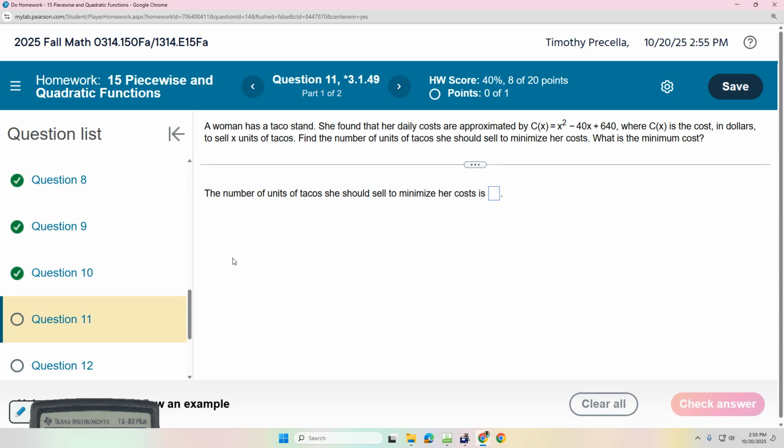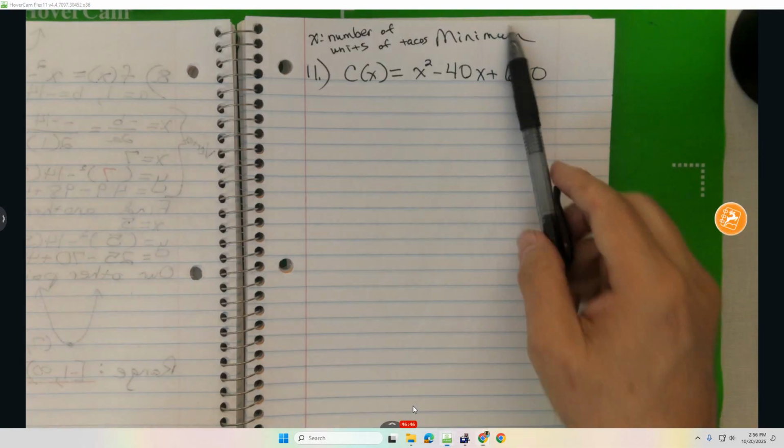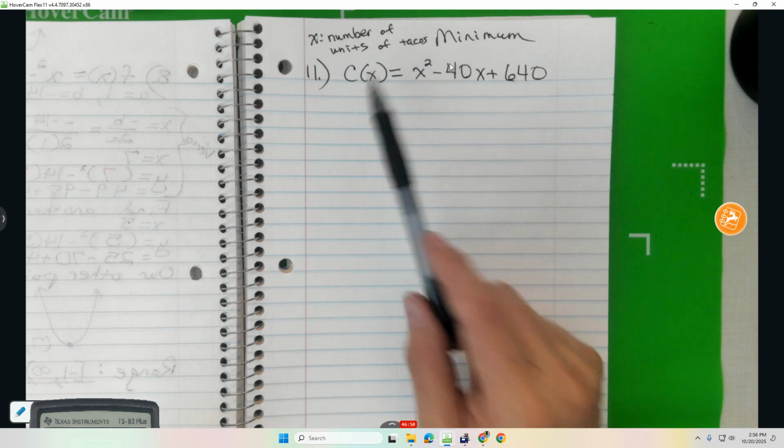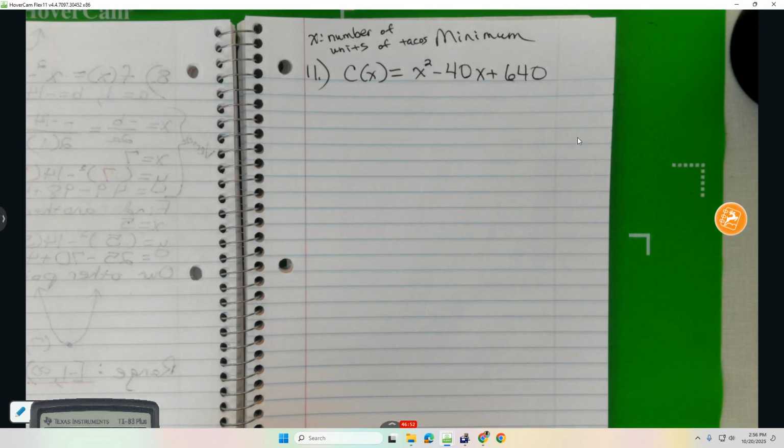I should make a note of that. And C of x, which is y, that's going to be the cost. We want to find the minimum when x is the number of units of tacos and C of x is the total cost of operating her taco stand.